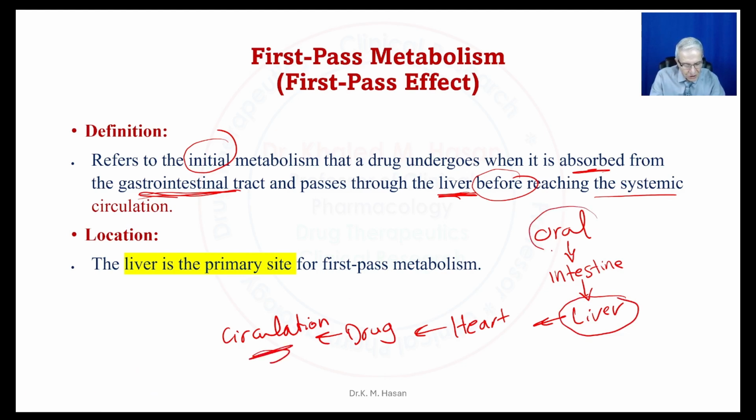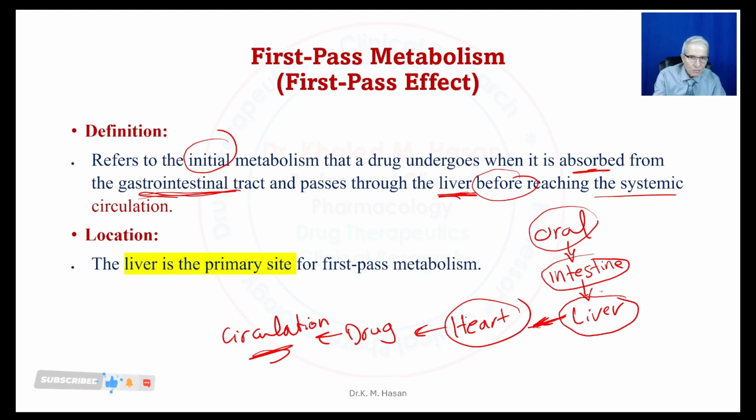So when you prescribe medication orally, the medication will arrive to the intestine. The intestine will move the medication through the portal circulation, the portal veins, to the liver. In the liver we have metabolism, first pass metabolism. Then the drug will leave the liver to the right side of the heart. The drug will move from the right side to the left side of the heart, and the drug will be circulated through the entire body system circulation here.